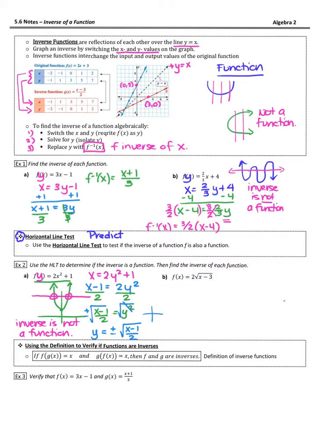And remember, this is the point (0, 1), so we know the point (1, 0) will be on my graph, and it's going to be a sideways parabola. Because remember, these are reflections over the line y equals x. So if you know the one graph, you can find the other graph. And so notice that this does not pass the vertical line test, which also verifies it's not a function.